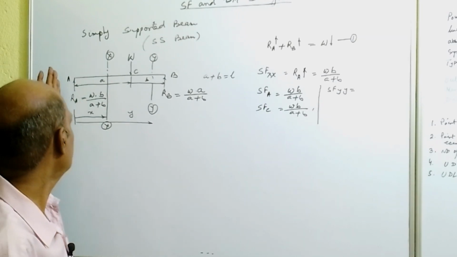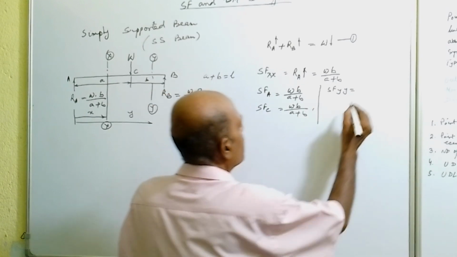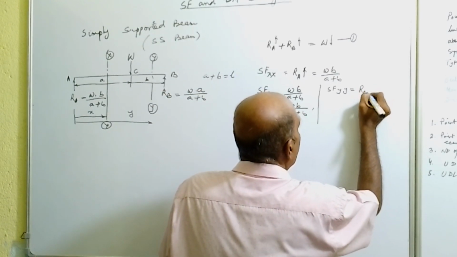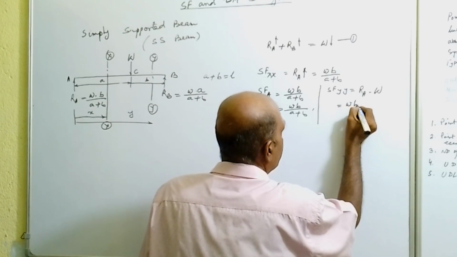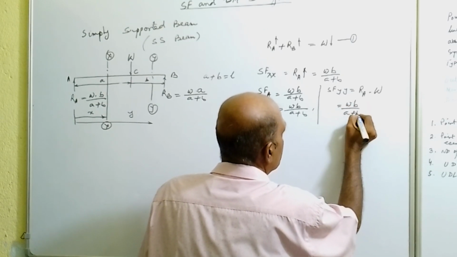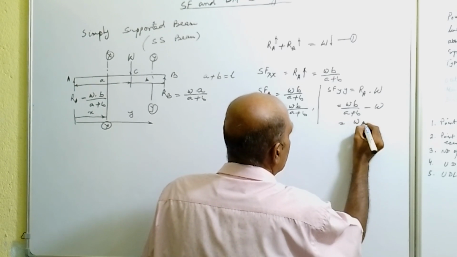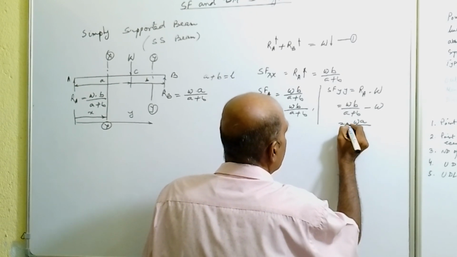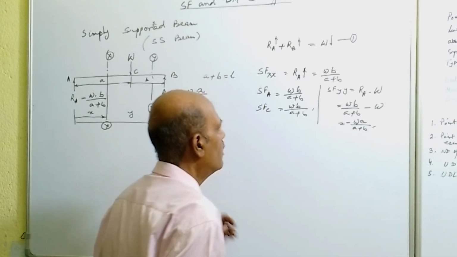What are the vertical forces? RA acting upward, and W acting downward. So RA minus W is equal to WB by A plus B minus W, which gives minus WA by A plus B.